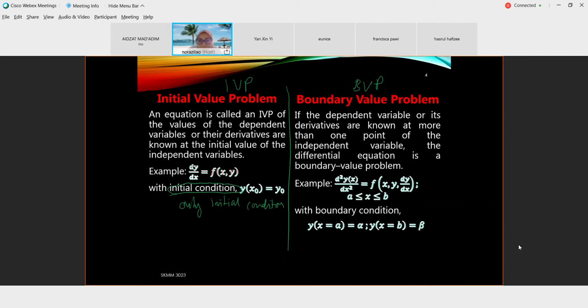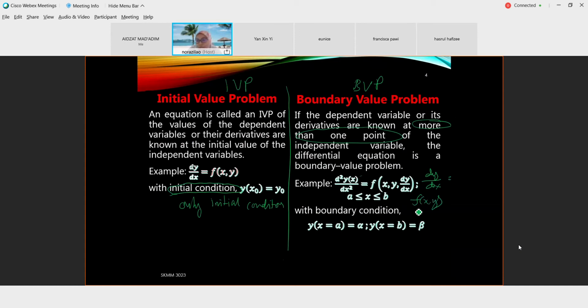Second one, boundary value problem. How can we identify a boundary value problem? If the dependent variable or its derivative are known at more than 1 point, from 2 and above, of the independent variable, the differential equation falls under boundary value problem. Example, d squared y over dx squared, even though this is second order, first order also can: dy over dx equals a function of x and y.